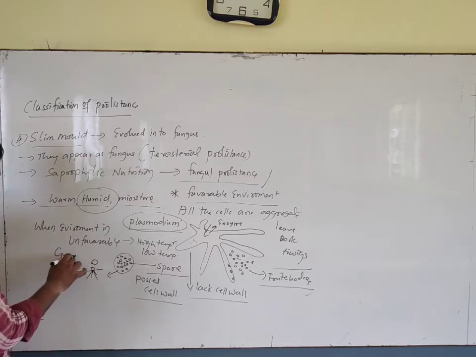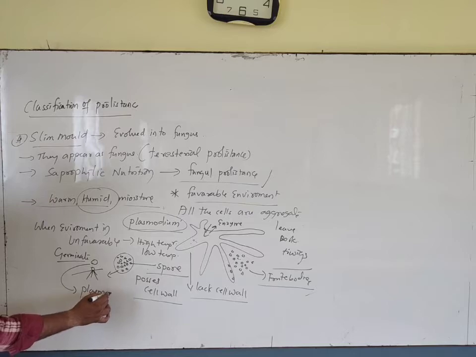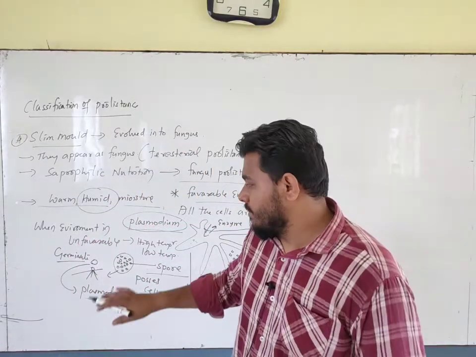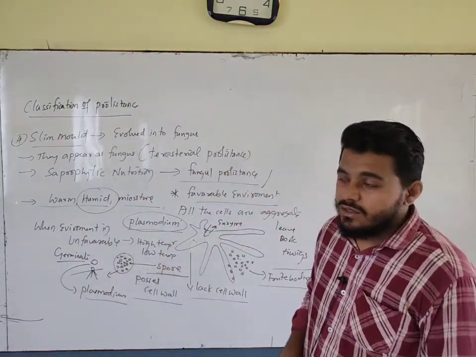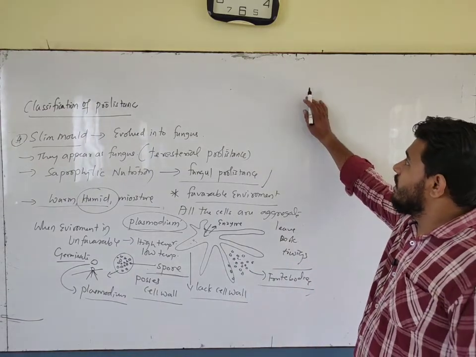So once germinated, spores again show the plasmodium stage. So reproduction simply takes place by spore formation. Asexual reproduction happens through spore formation.